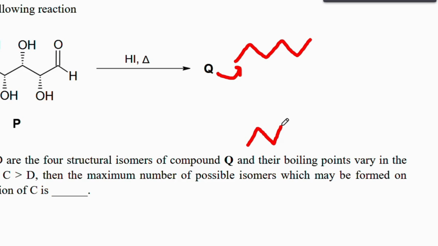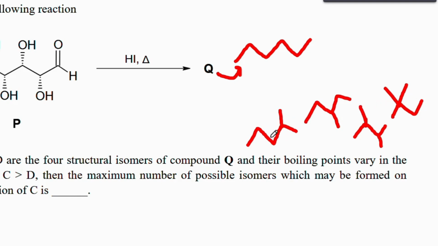So this is 1, this is 2, this is 3, and this is 4. So these are the possible structural isomers of n-hexane, that is 2-methylpentane, 3-methylpentane, 2,3-dimethylbutane, and 2,2-dimethylbutane.